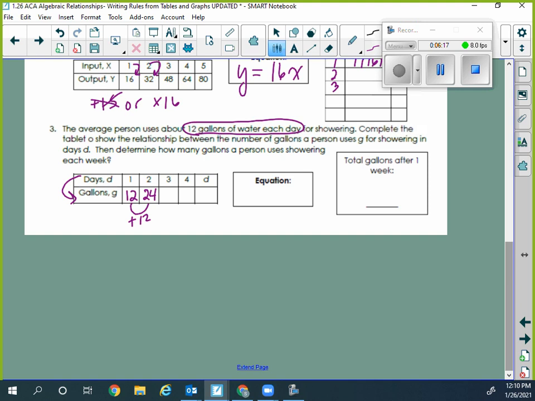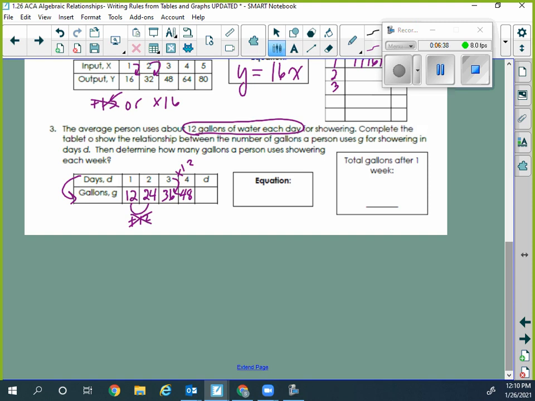So I don't want to do that. How am I getting from input to output? Times 12. Okay, so we can finish filling this in. 36, what would 4 be? 48. So then why did they put a D there? What's that for?